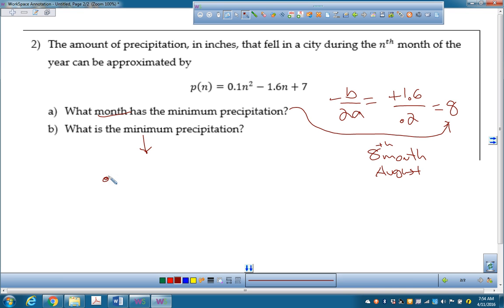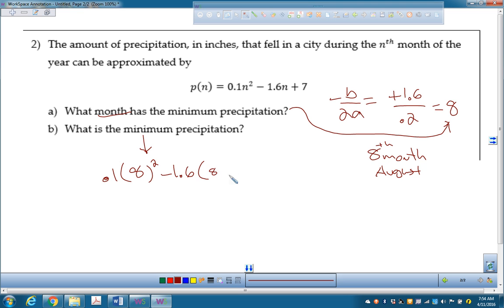So watch, I saw a lot of you didn't get this right. So 8 squared minus 1.6 times 8 plus 7, right? And so this squared is 64 times 0.1 makes 6.4. I'm doing this in my head.